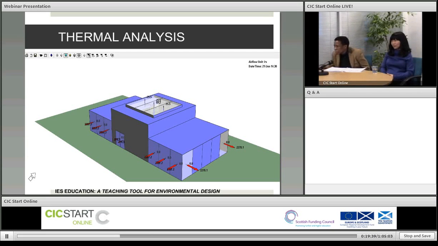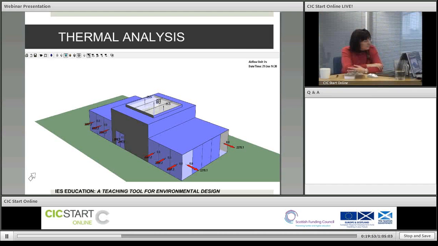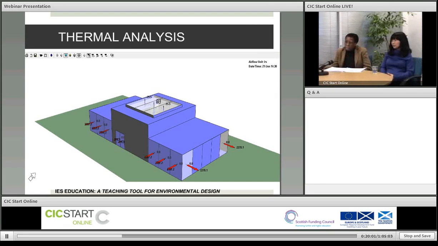In the corner here you can see its date and time, which is the 21st of June, and it's at 2:30 in the afternoon. So again, you could have a sequence or series of these models showing exactly how your building is going to perform with 50% open windows at a certain time and in a certain climate. So again, the visual connection was the interesting bit.